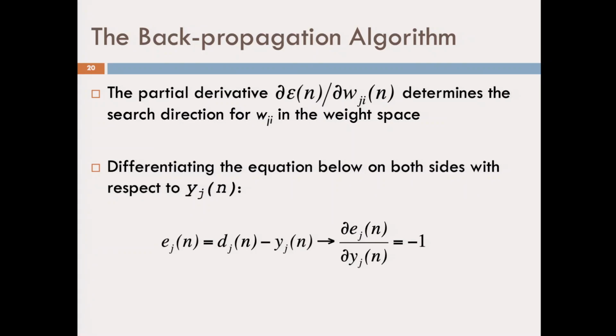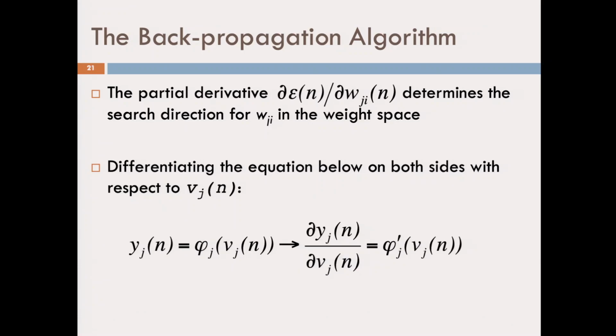Good. So we are constructing our updating formula. Now, the output of the neuron is calculated using the activation potential as the argument to a nonlinear function.